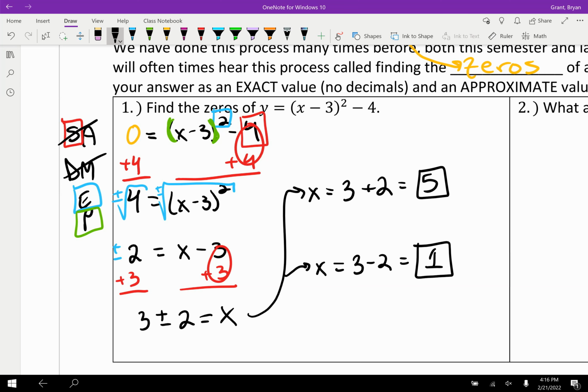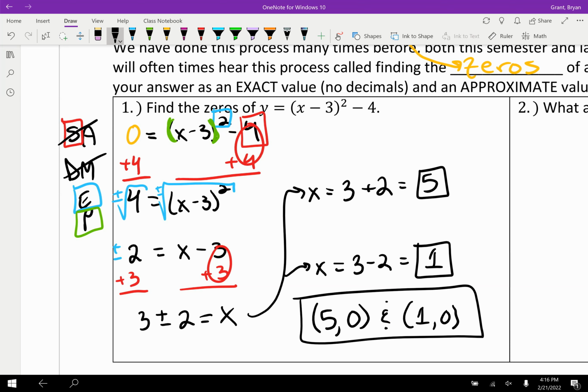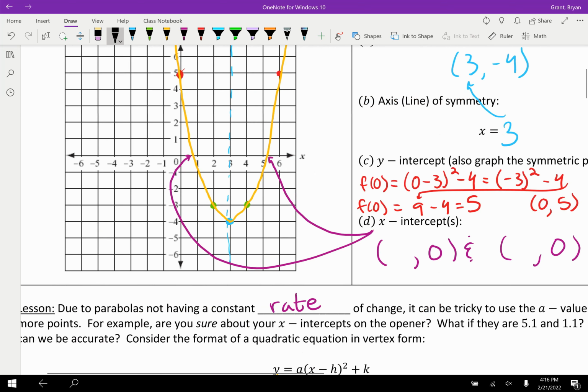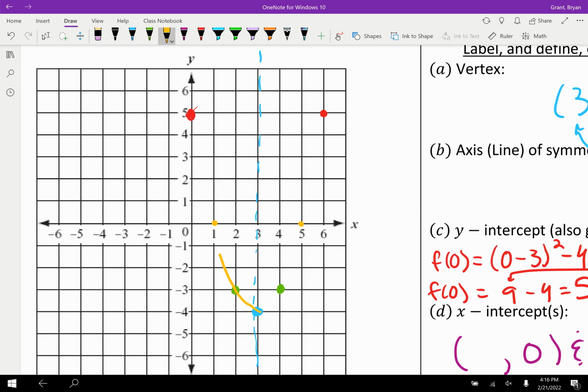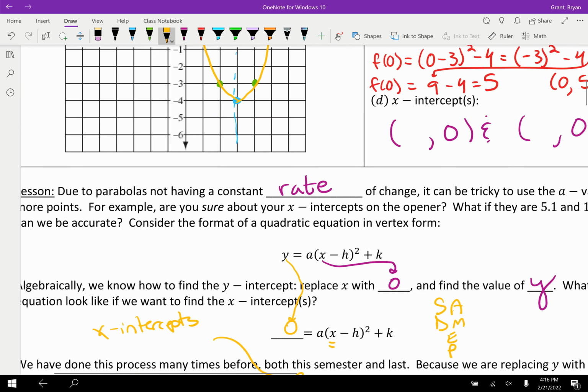This 1 and this 5, the zeros, actually form the points. 5 for the x, 0 for the y, remember the 0 up here, and 1 for the x, 0 for the y. And so what that tells us is on our parabola back originally, Mr. Grant was just a poor artist, and this really should have gone through 1 and 5 exactly. We can be a little bit more accurate this time and go through here, and I still pretty much missed the point. Whoops. Okay. Let's try one more.